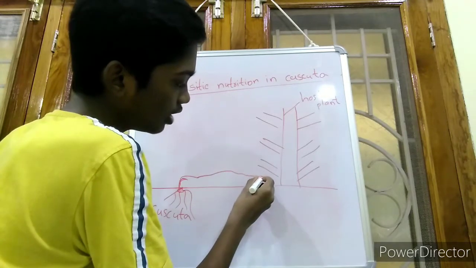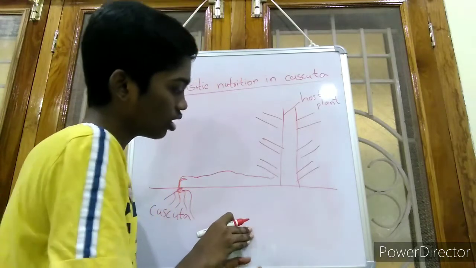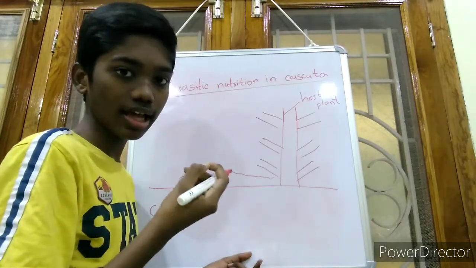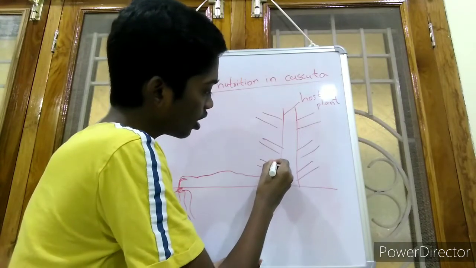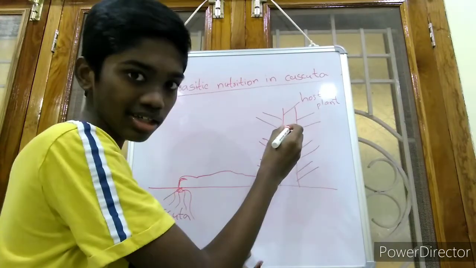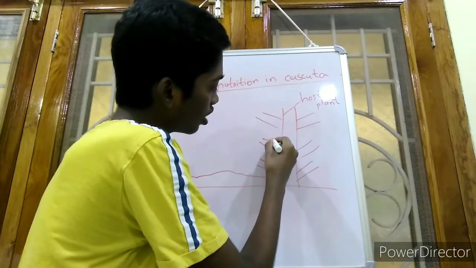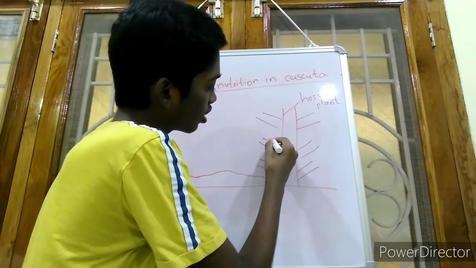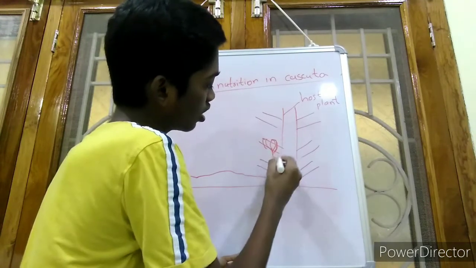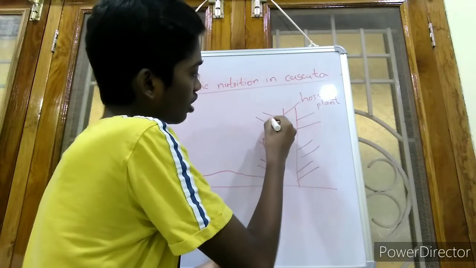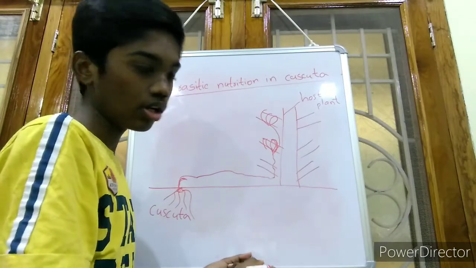It will search for any host plant and come up to here, and now it will send a tiny root-like structure up to the stem of this host plant, and it will surround the stem of this host plant. It will occupy the total stem of the host plant like this.